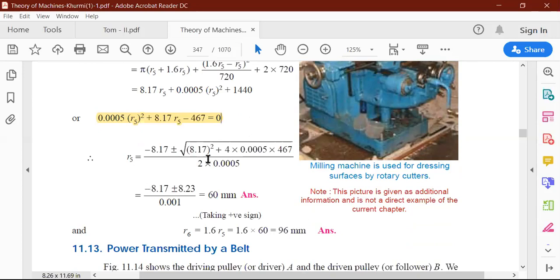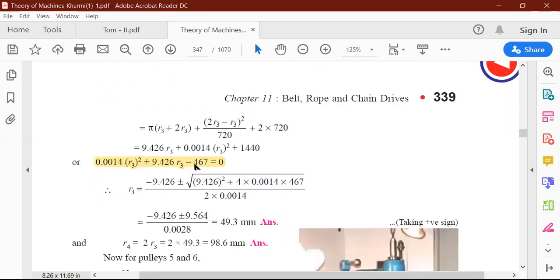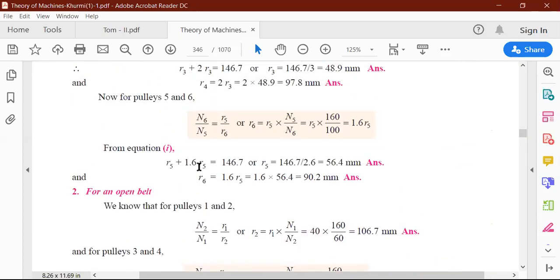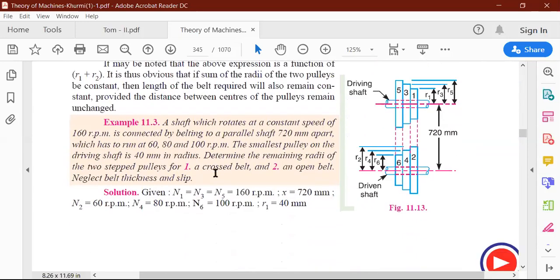So this is not a complicated numerical, but it is lengthy for the calculation. You just have to go through different calculations. Again, we will see this numerical in short. Whatever is given in the numerical is simply two shafts with a distance of 720 between them, three pulleys on this shaft, three pulleys on this shaft.